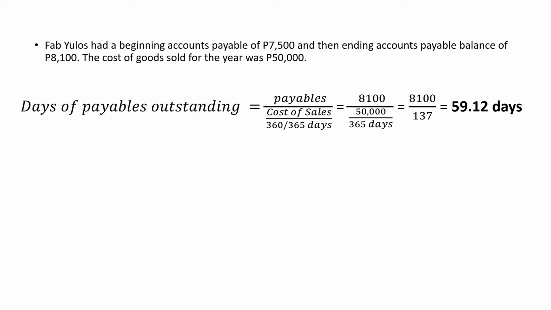Now, that will be 8,100 divided by 50,000 over 365 days, and that will become 8,100 divided by 137, and the answer will be 59.12 days. So it means Fabulous needs 59 days to pay their creditors.